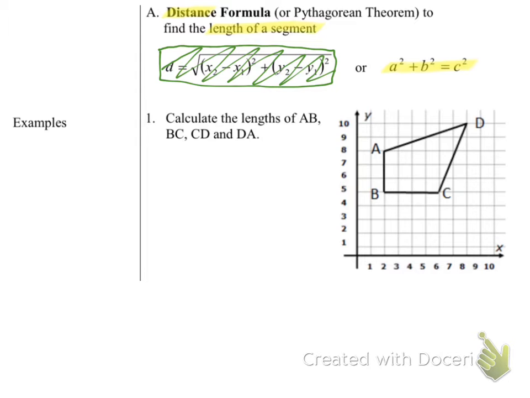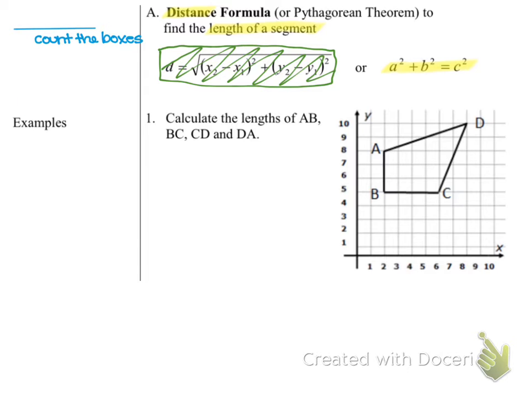Now, if the line segment is horizontal, I'm going to put it off to the left-hand side here, and I'll color code it in blue. So if I have a line segment that is horizontal, I can just count the boxes. Or if I have a vertical line segment, so straight up and down, I'm going to do the same thing.